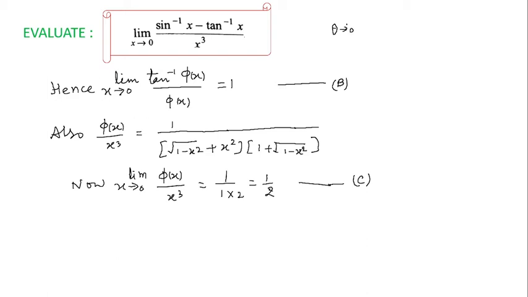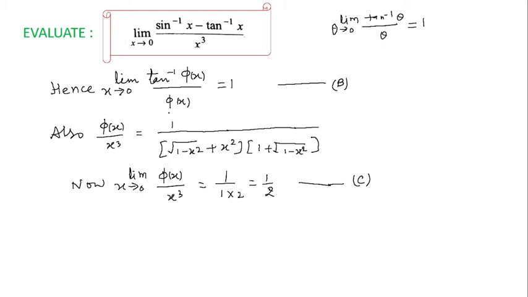The limit as theta tends to 0 of tan inverse theta by theta is 1, right? Like this.